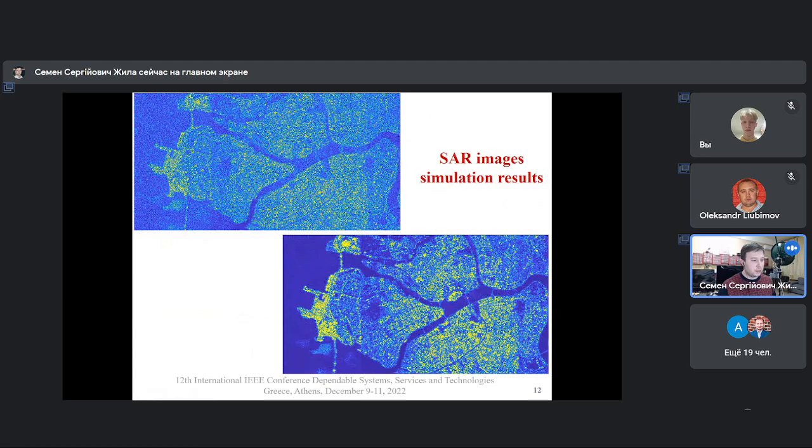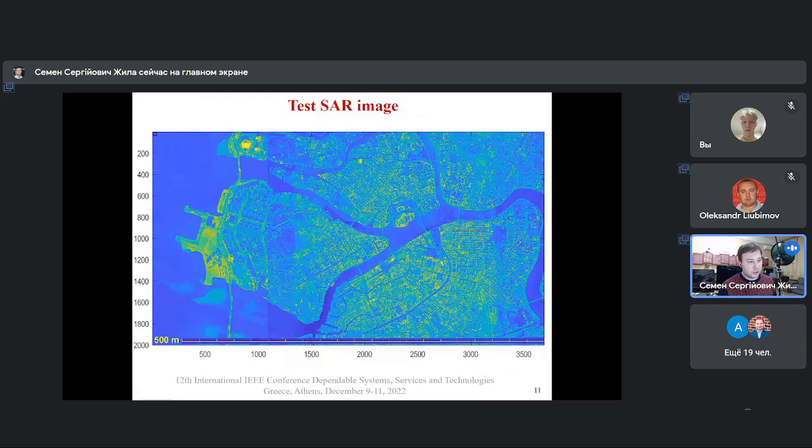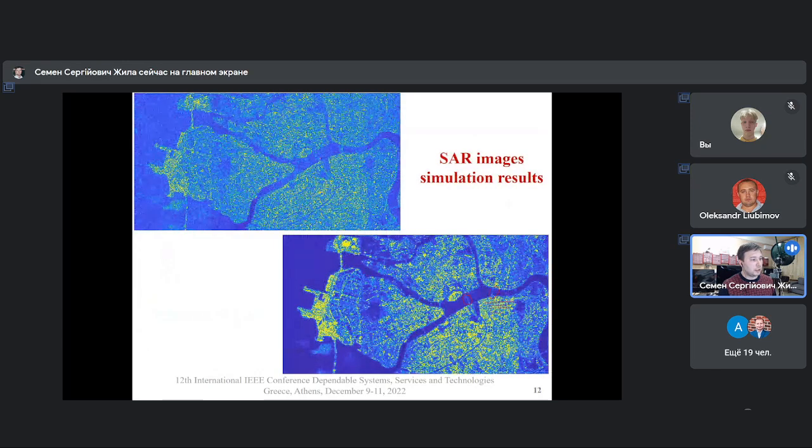We can see bridges, and some streets, for example, which are not seen in the other image. This can also be described as a building because it has a higher level of scattering, and some backside of this building, and here it's nothing.